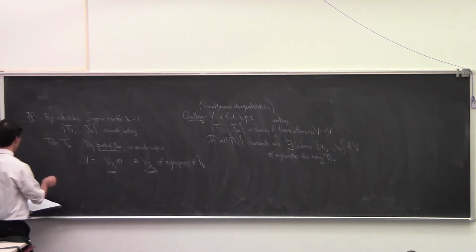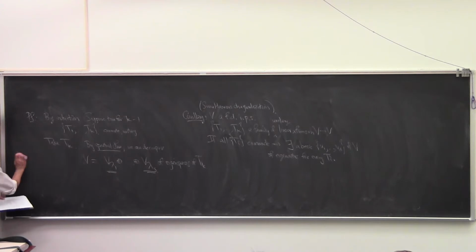In case you're not familiar with this notation, V is W plus Y. It means that these are subspaces, and that the intersection is the 0 subspace, and then the span of these two things gives you V again.